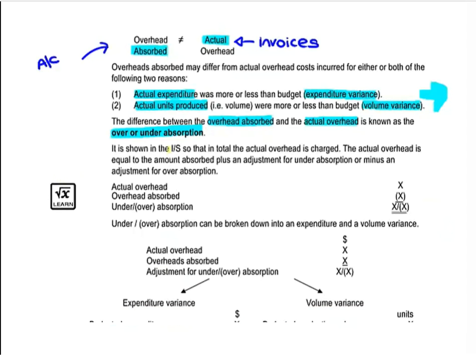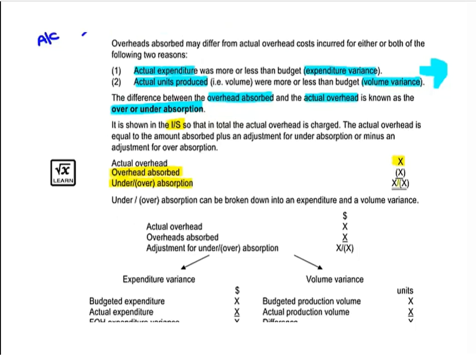So what you end up with in your income statement is the overhead absorbed and an adjustment for under or over absorption, and the net of those two will always come back to the overhead that has actually been incurred, because in the accounts at the end of the year you want the value of the invoices to be there, because that's what it's actually cost you. But that will be shown then as overheads absorbed plus an adjustment.